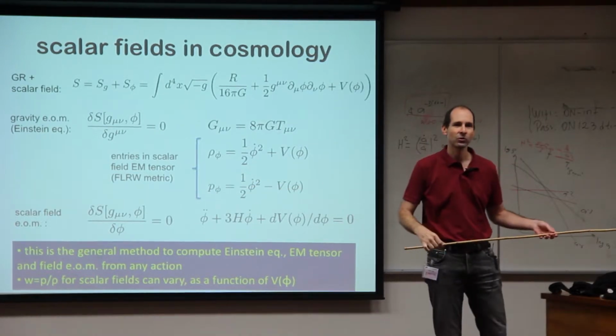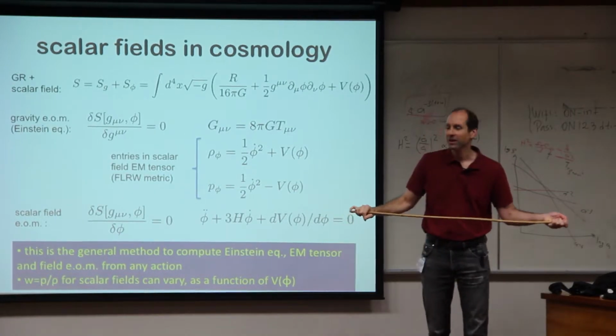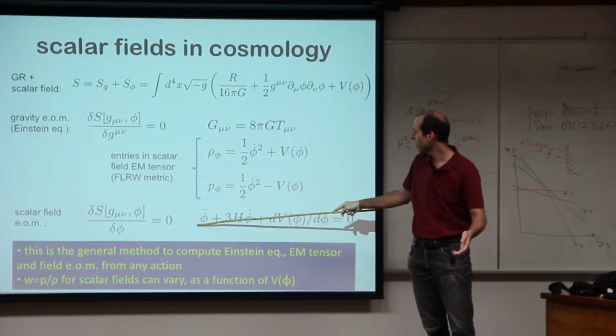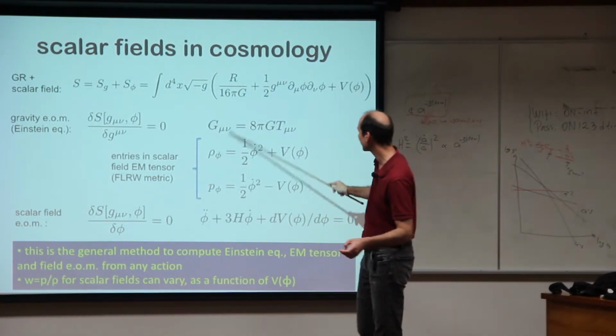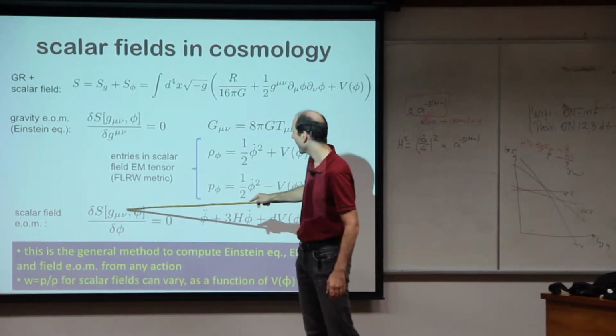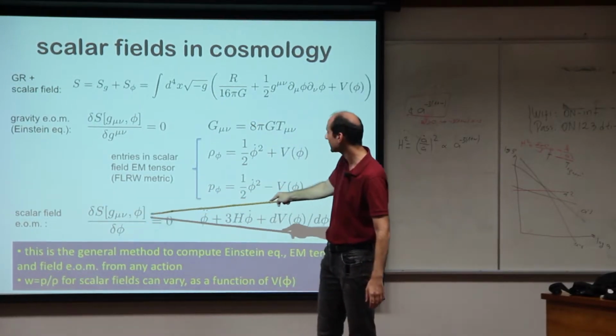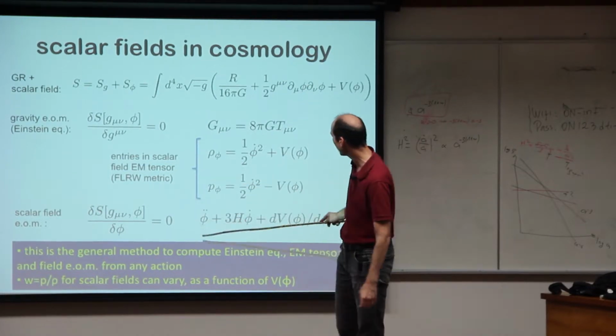And so tomorrow I give a few extra hints how to calculate this. And I will actually ask you to calculate this one, because this one is easier to calculate. And that one, there are a few subtleties to deal with. And so you get the scalar field equation of motion by calculating the variation of this with respect to phi.